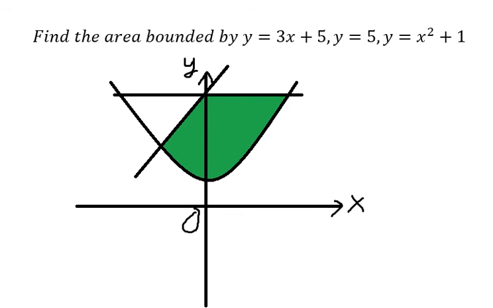Now we need to find the intersection in here and here. So we have y equals 3x plus 5 and x squared plus 1. With this one in here, we can find this intersection.